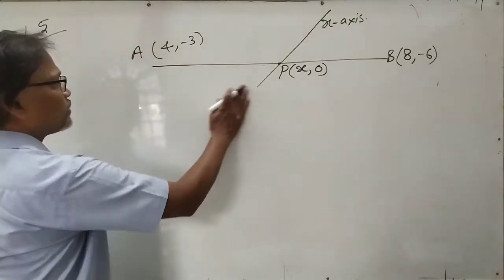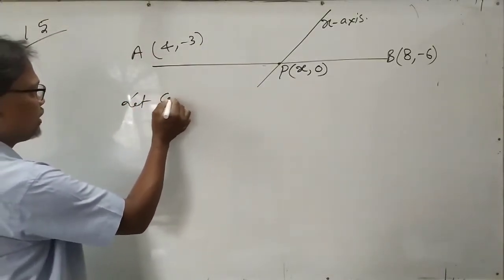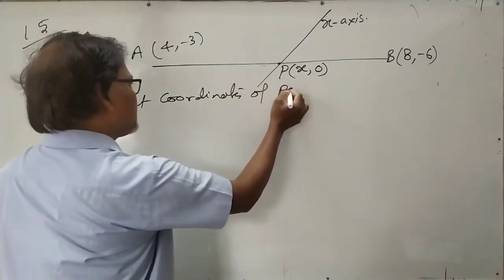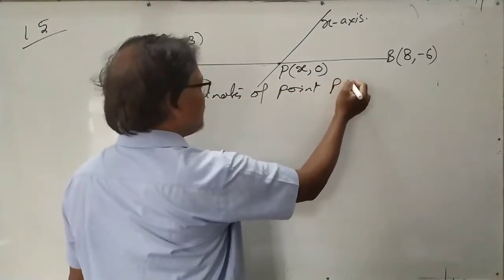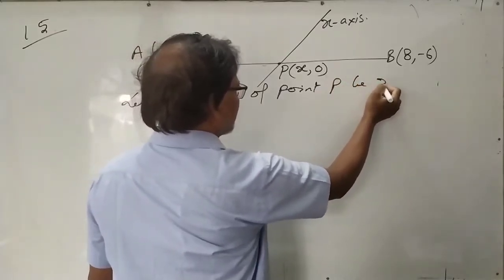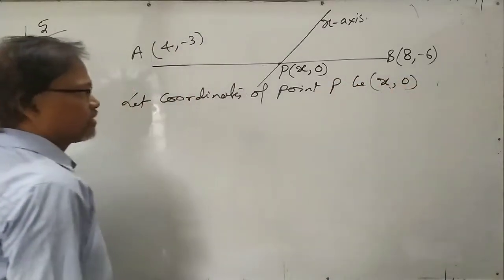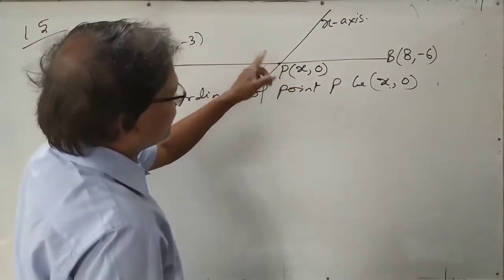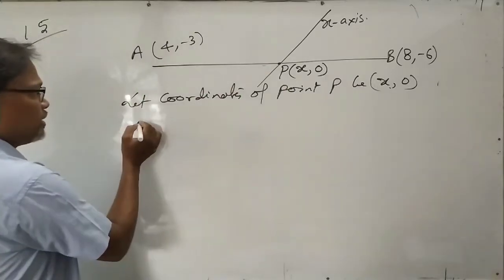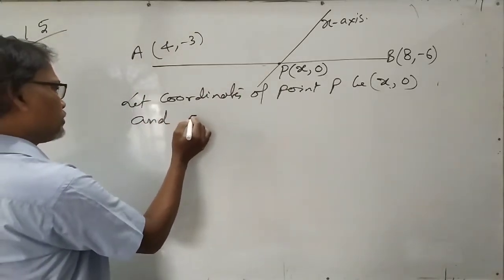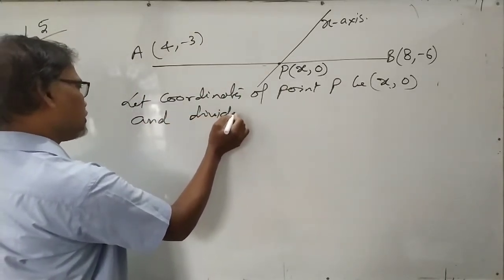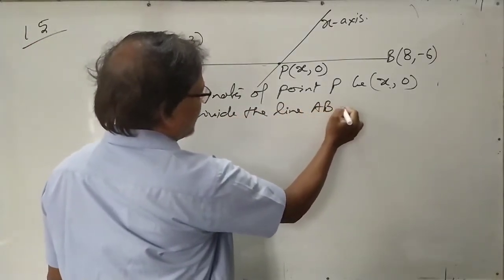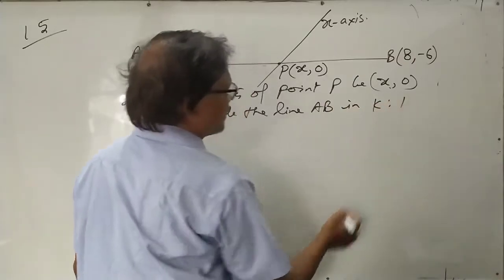So let the coordinates of point P be x, 0. अब मान लेते हैं कि it divides the line AB in k is to 1 ratio.